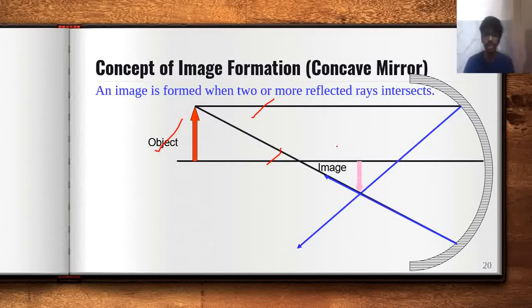This is the incident ray, and this is the reflected ray. Now this is the intersection point, so this will be your image. So this is the concept of image formation. Remember, you need two reflected rays to find the intersection point, and that intersection point will give you the formation of the image.